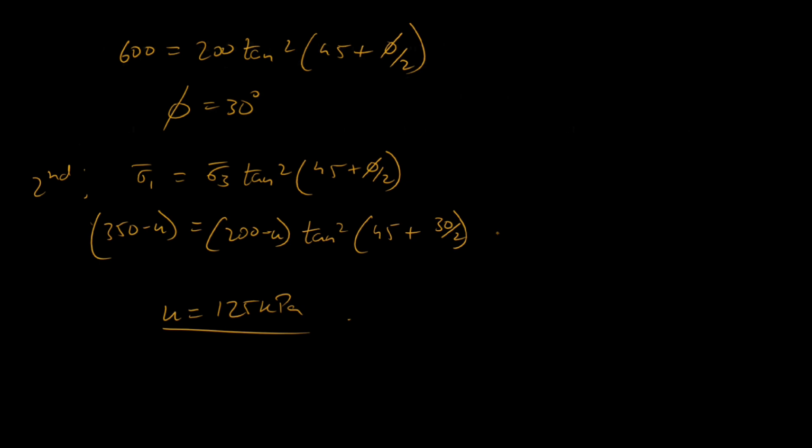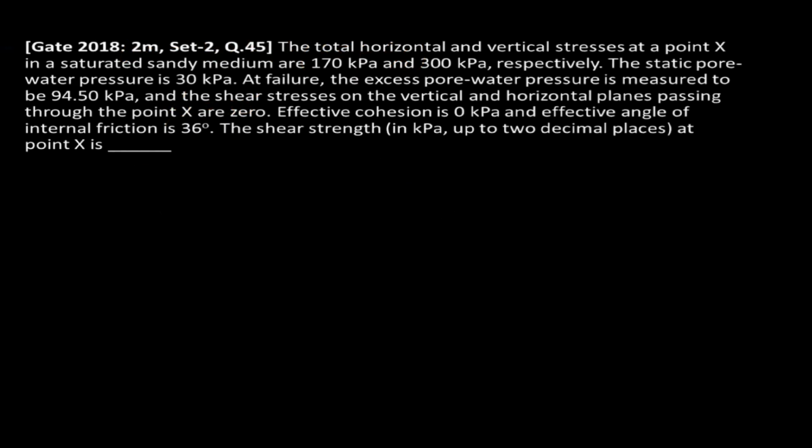In this question, they have given that the total horizontal and vertical stresses at point X in a saturated sandy medium are 170 kilopascal and 300 kilopascal. So we'll write down the given points. Total horizontal stress sigma h will be 170 kilopascal, total vertical stress sigma v will be 300 kilopascal.